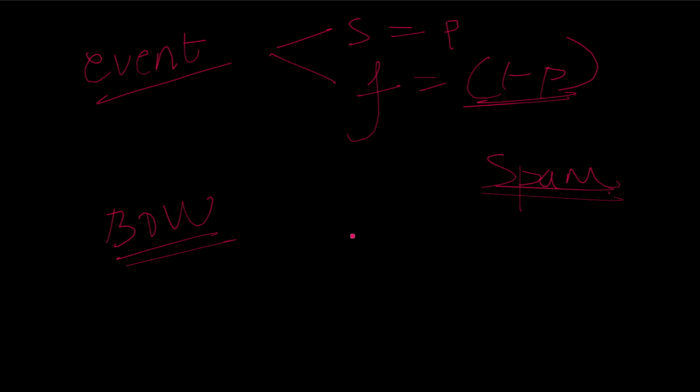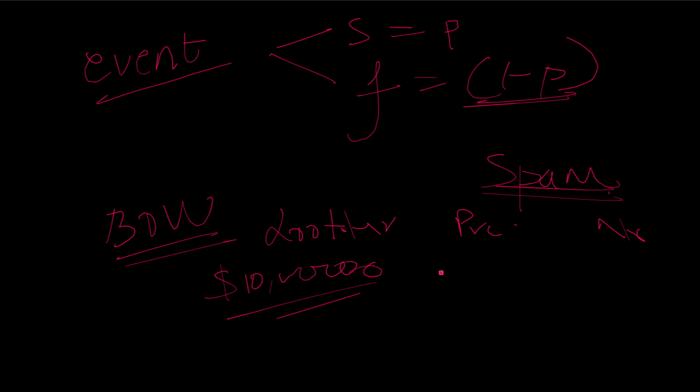Suppose we have found that it is not about the frequency of individual words that confuses the model, but I'm just finding whether some words like lottery, president, Nairobi, or say $10,000 or 1 million, 10 million, or things in caps are present. Each has 0 or 1, whether it has these words or not, and maybe some combination, whether it has lottery, prize, Nairobi also, then it may signify something like spam.